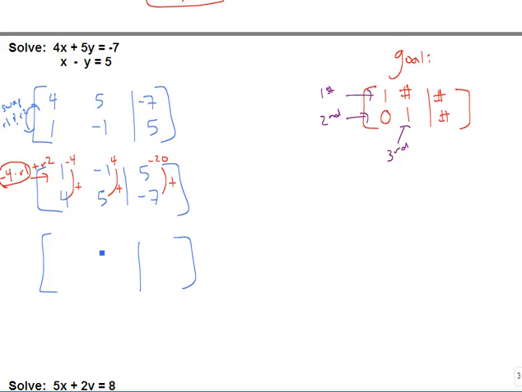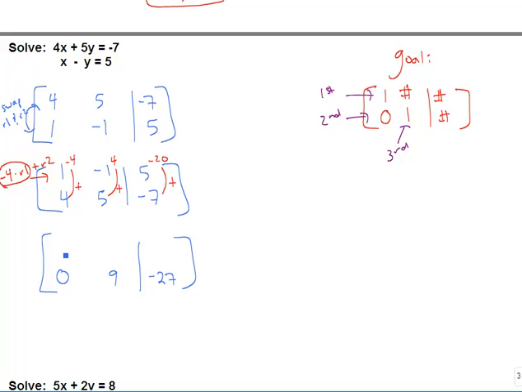Well, we want to get 0, right? And -4 plus 4 is 0. Remember where we want that 0 to go. We want it to go in the bottom left corner. So you want to put your answer in the bottom row. So -4 plus 4 is 0. 4 plus 5 is 9. And negative 20 plus negative 7 is negative 27.